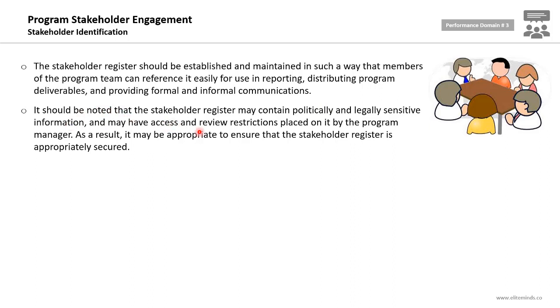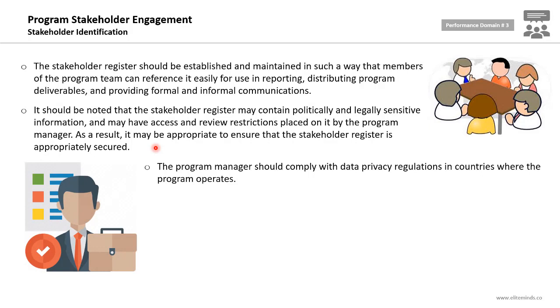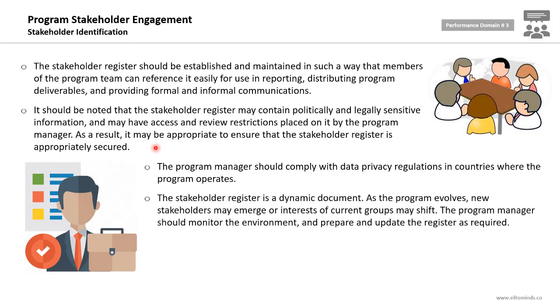So as a result of this, it may be appropriate to ensure that the stakeholder register is appropriately secured. So whenever a stakeholder register contains politically and legally sensitive information, the program manager should be careful in exposing this information. The program manager should comply with data privacy regulations in countries where the program operates.